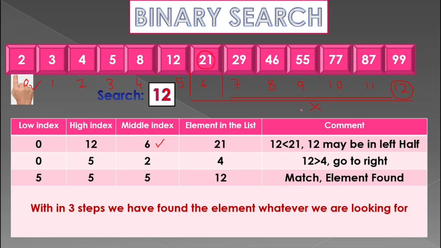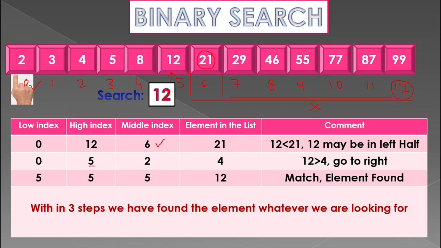So high should be made to point to one less than mid. What I am trying to say is high is equal to mid minus 1. Thereby the high value has become 6 minus 1, which is 5 now.